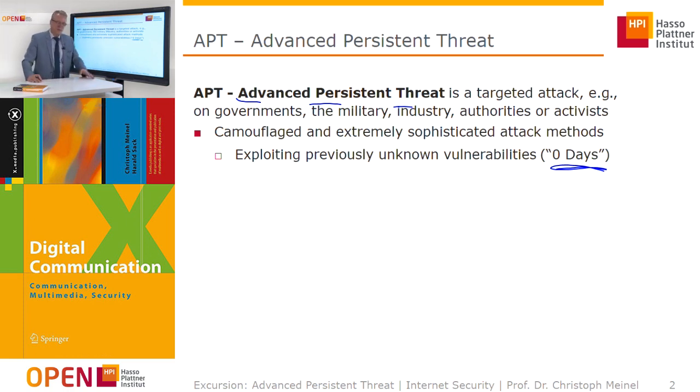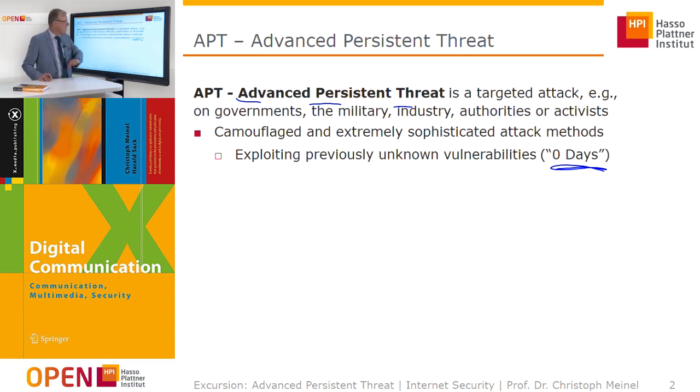When vulnerabilities become known, the software vendors immediately develop updates. But if the vulnerability is unknown, then the vendor has no reason to develop such an update.